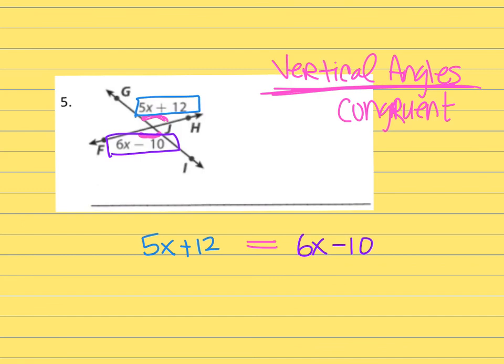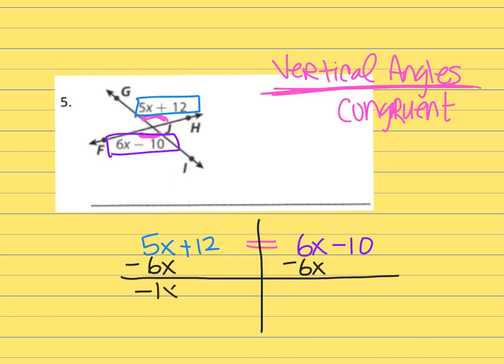Now to solve this one, you're going to have to move your x's all to one side. It doesn't matter if you do it to the left side or the right side. I'm going to move x's to the left side. So the positive 6x moves and turns negative. 5x minus 6x is negative 1x. Then I bring down my 12. And I bring down my negative 10.